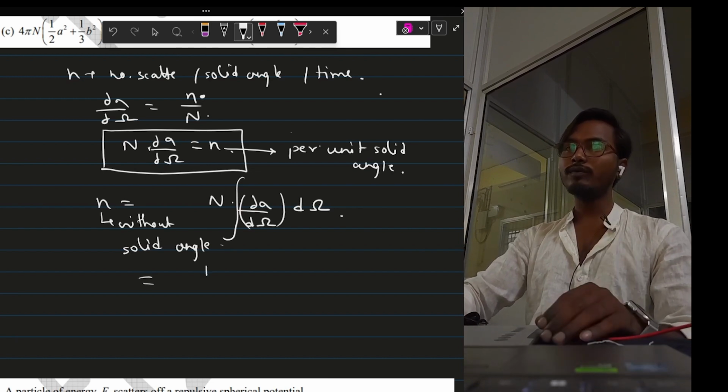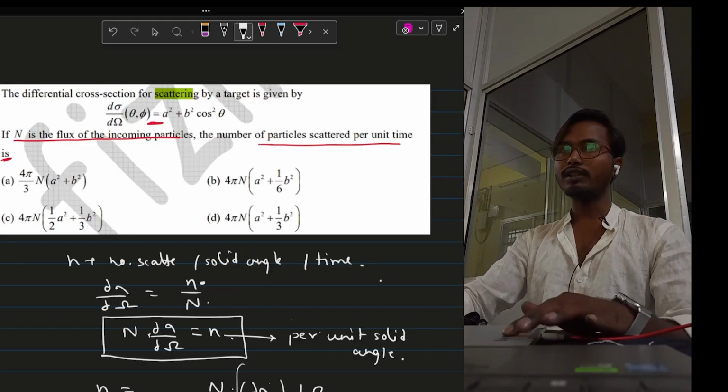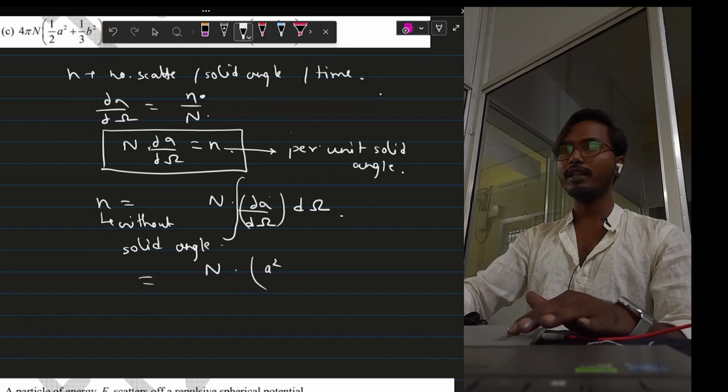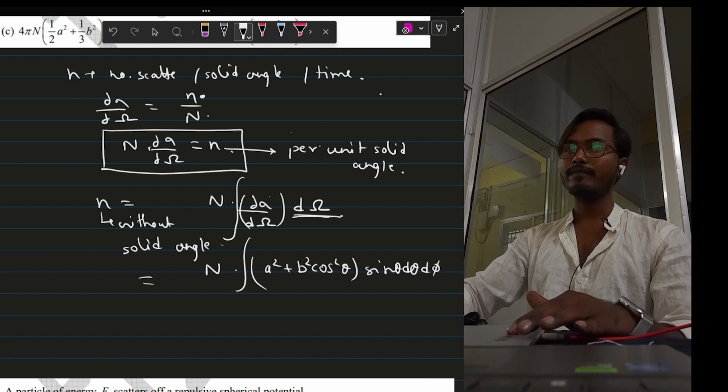What is the value of the differential scattering cross section? It is given in the problem: a square plus b square cos square theta. We have to integrate over the solid angle. The solid angle element is sin theta d theta d phi. The integrand is not a function of phi, so we can take it out.